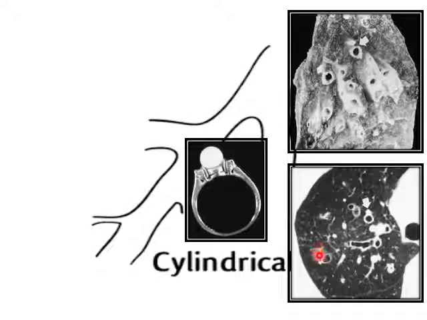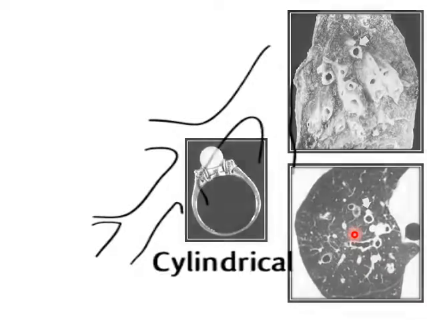And in this condition, we apply our rule. If you see that the bronchus diameter is larger than the nearby artery, we have bronchiectasis. And this gives the very nice appearance of signet ring sign. This is signet ring sign. We use it to diagnose bronchiectasis.